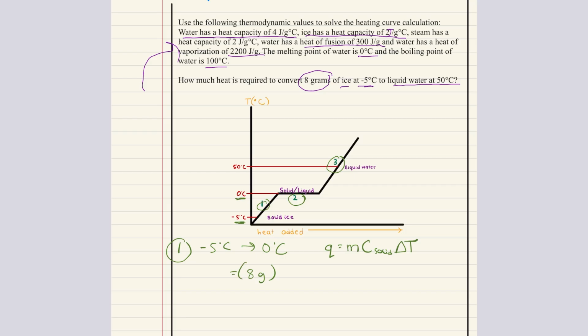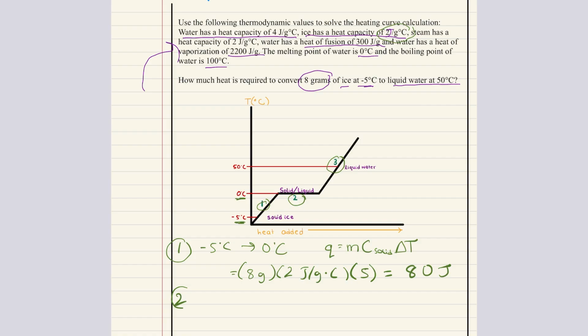The specific heat capacity of ice is 2 joules per gram times Celsius. So we can plug that in. And then delta T is going to be final temperature minus initial temperature. So that's going to be equal to positive 5. If we plug this into a calculator, we're going to get 80 joules. So that is the heat required for step 1.